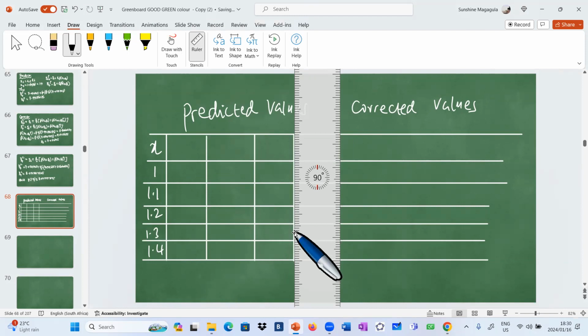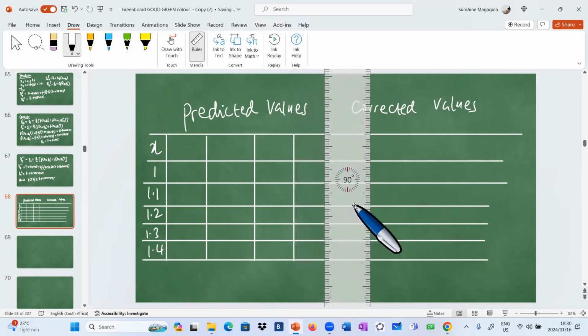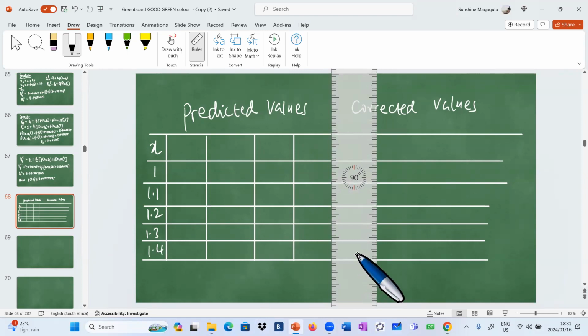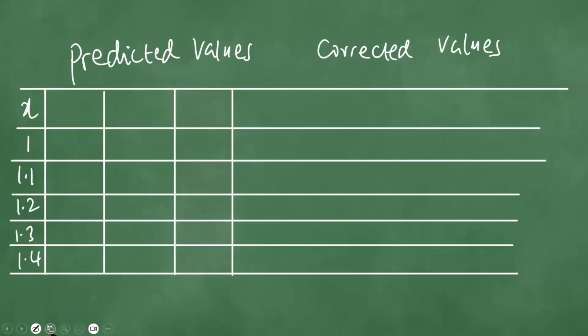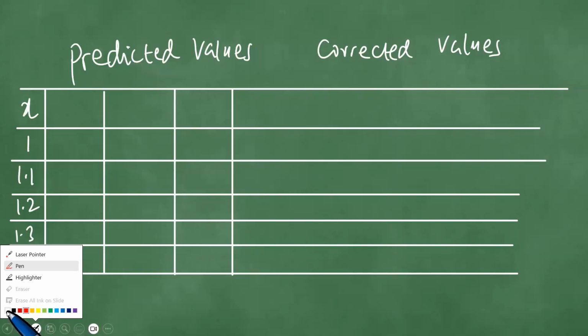And then after Y predictor, we're going to have a division like this: X, Y, F, and then this. Let me just complete the table and see what's missing.